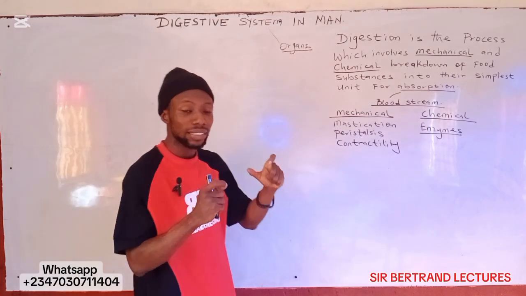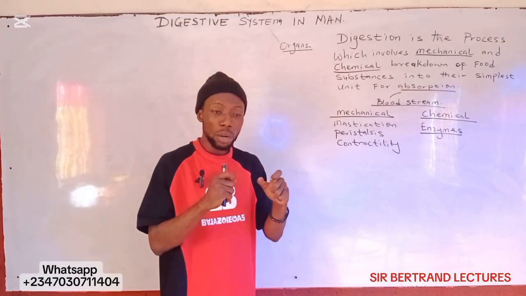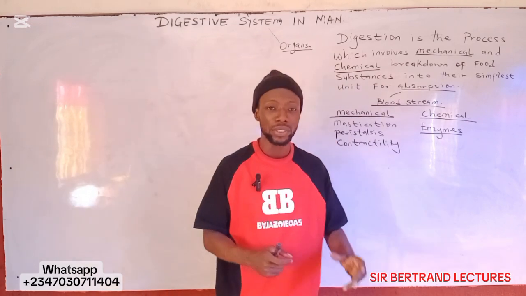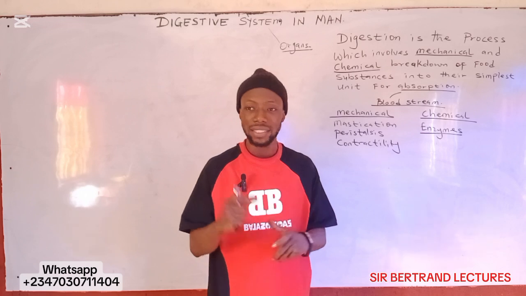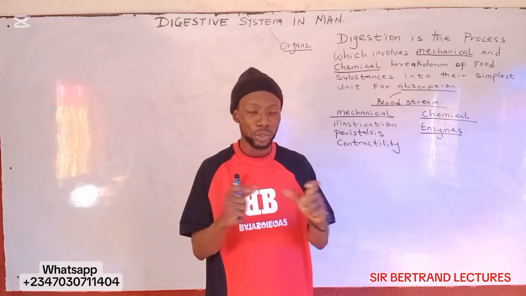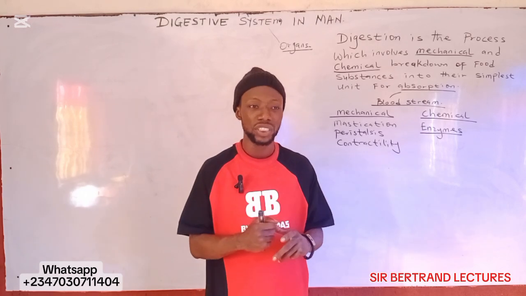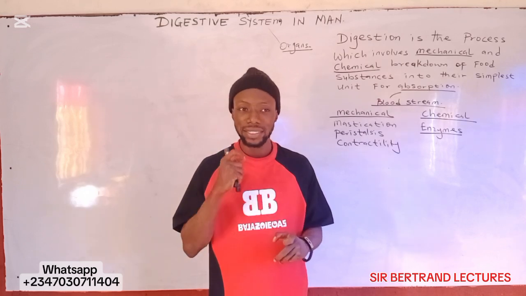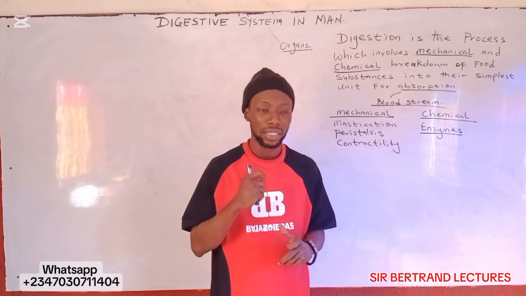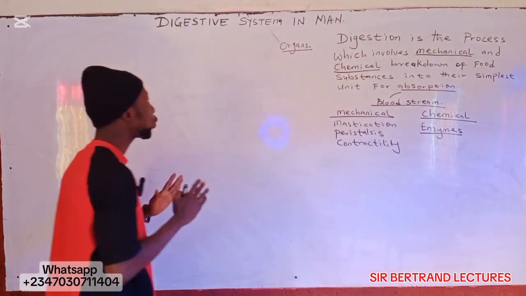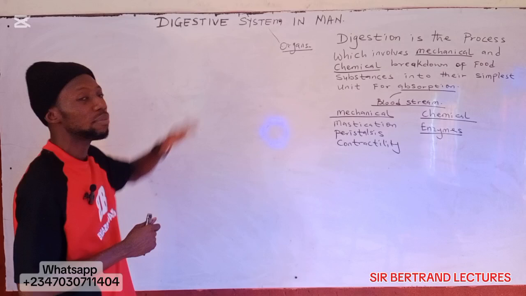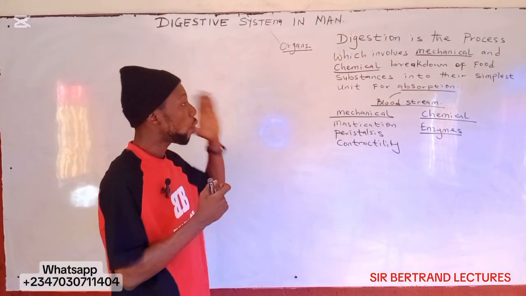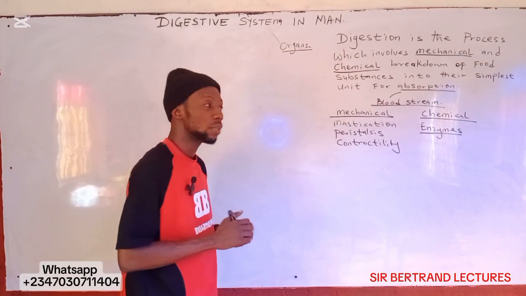Every food that is digested in the body must be taken into the bloodstream so as to supply different cells of the body with this food and oxygen, which is used to produce chemical energy in the form of adenosine triphosphate. And this energy is utilized for metabolic activities. So now we are going to look at this system in man, which is responsible for breaking down the food substances in the body.